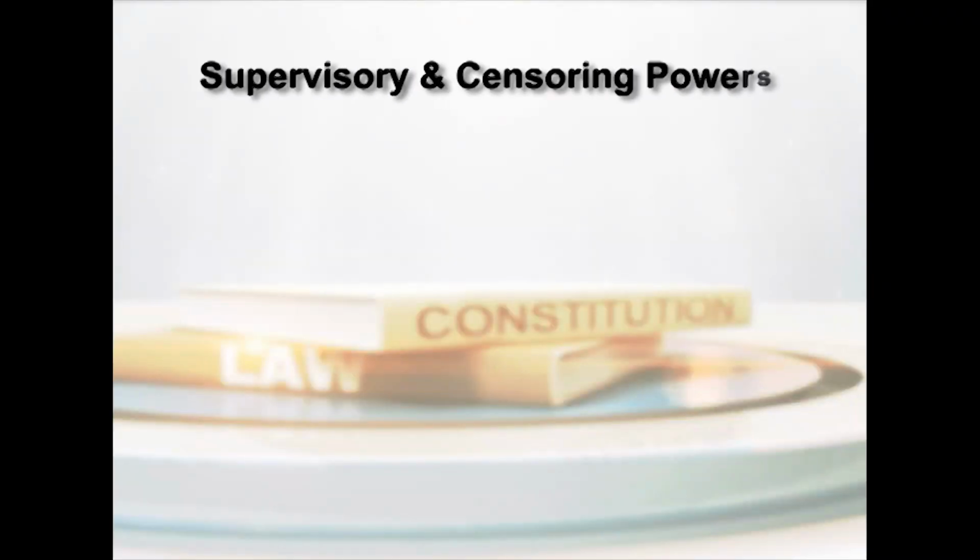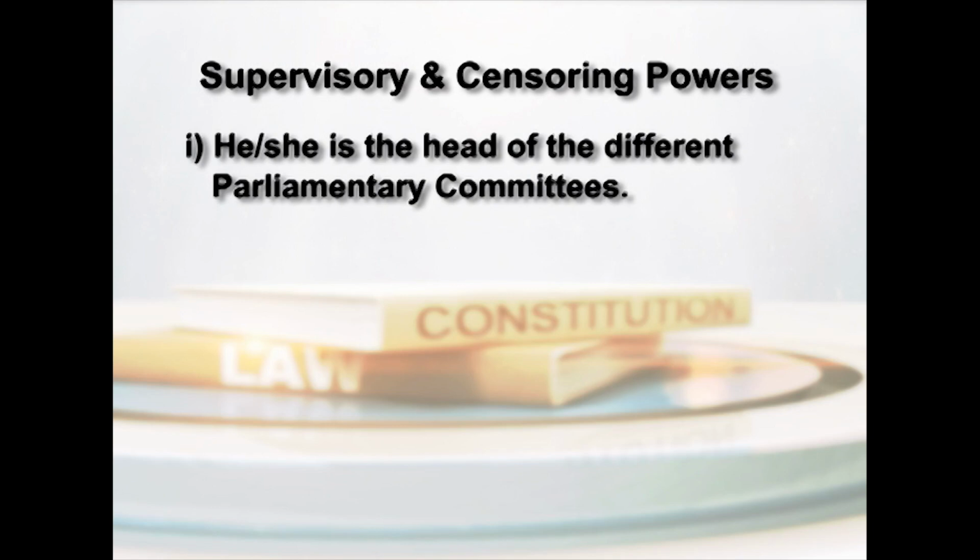Now let us see the supervisory powers of the Speaker. Allied to the regulatory powers, there are certain supervisory and censoring powers of the Speaker. The Speaker is the head of the parliamentary committees. Like the Rules Committee, the Business Advisory Committee functions under the chairmanship of the Speaker.